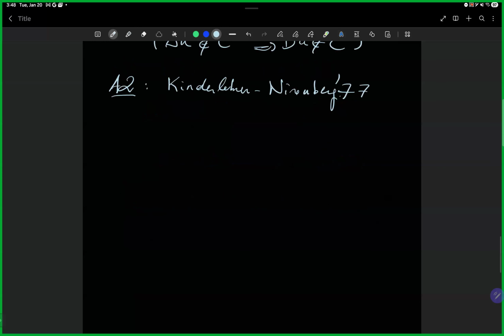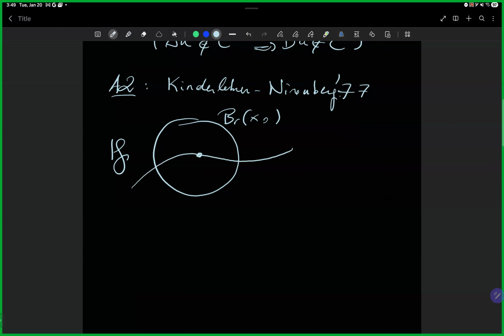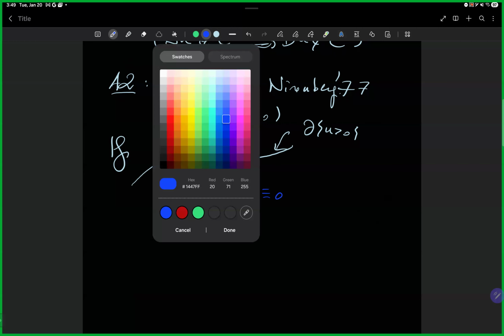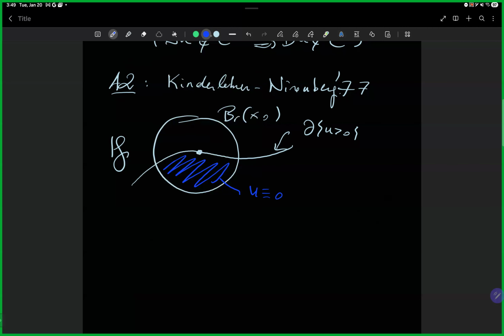Suppose you are in the following situation: you have a ball of radius r around a point x0, and inside this ball you see your free boundary, the boundary of u positive. The boundary of u positive separates the region where u equals 0 from the region where u is positive. So it really cuts the ball in two parts.